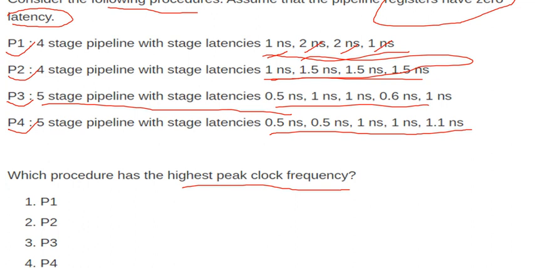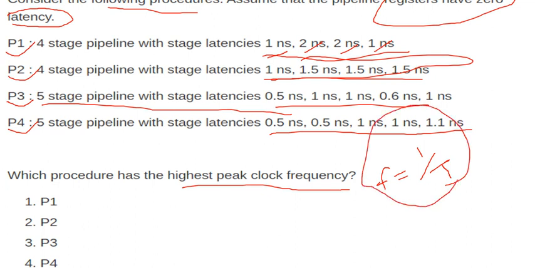So what do we have to do? We have to find out the clock time. If we find the clock time, then we know that the frequency is equal to 1 by the time period. So if we have the time period of the clock, then definitely we will be able to calculate the frequency of the clock.